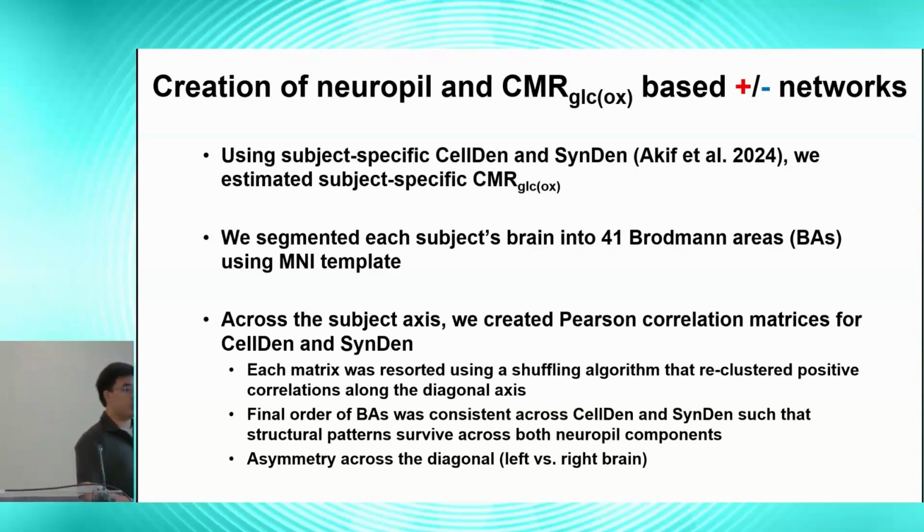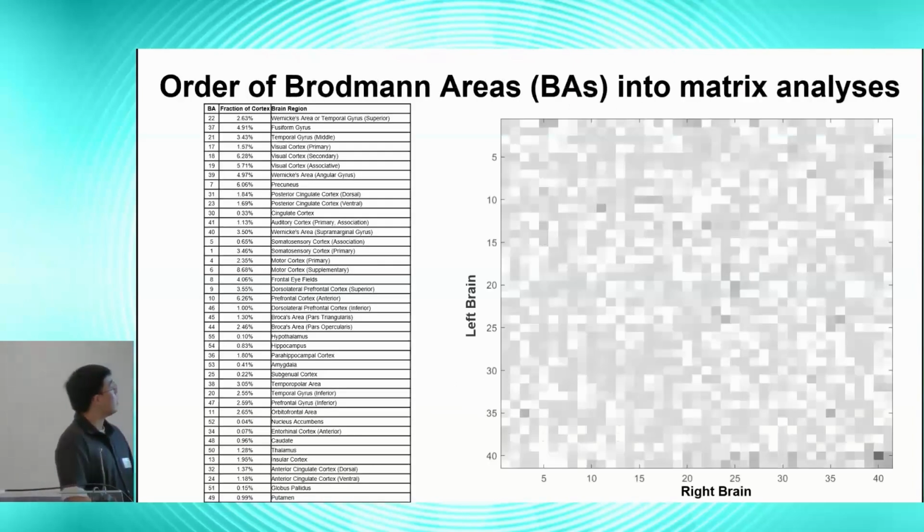And so after creating the matrix, we reshuffle it such that all the positive correlations are sorted or reclustered along the diagonal, just for ease of visualization. And the final order of Brodmann areas is consistent such that every metric that we look at uses the same order of Brodmann areas.